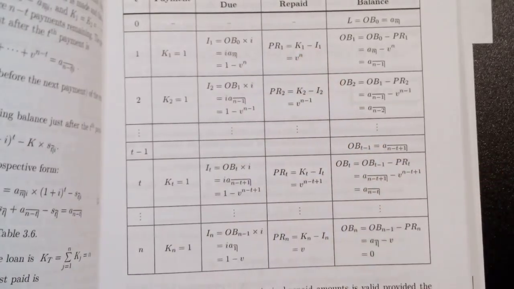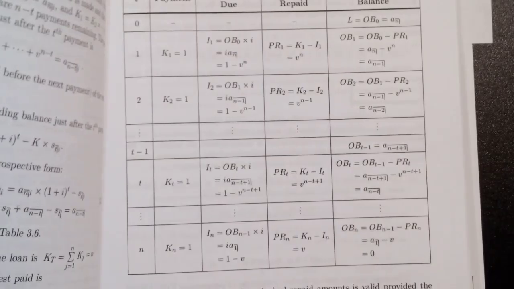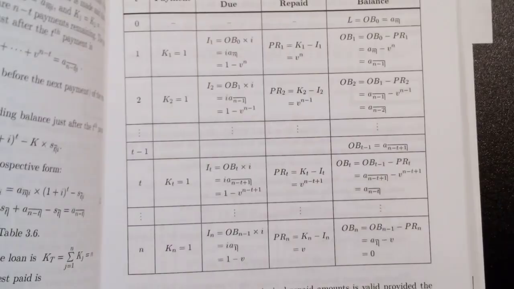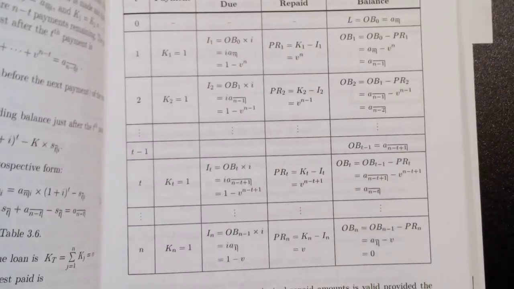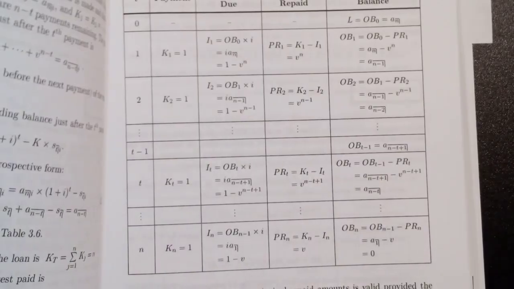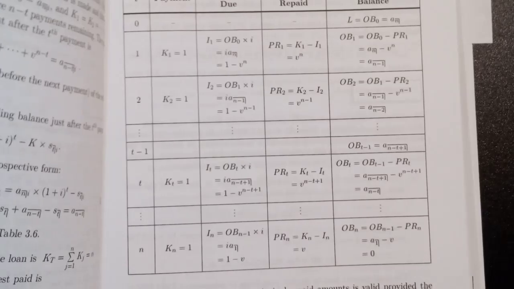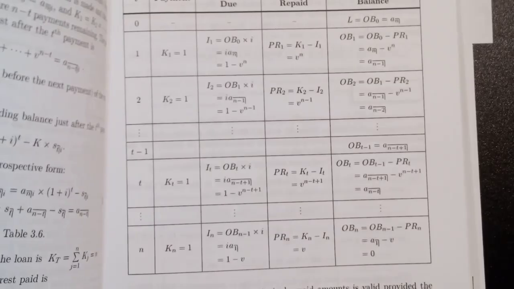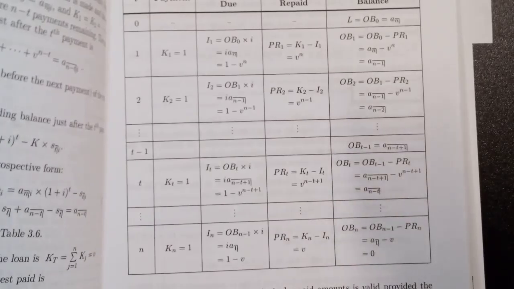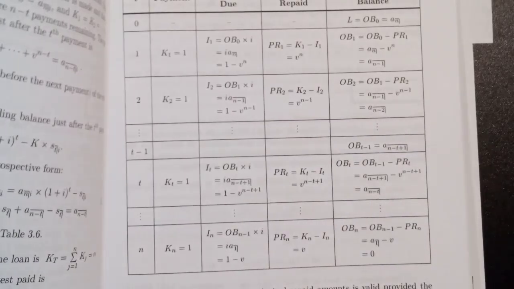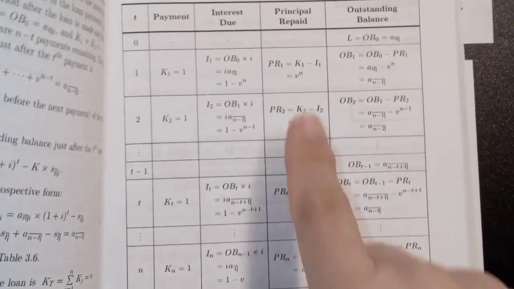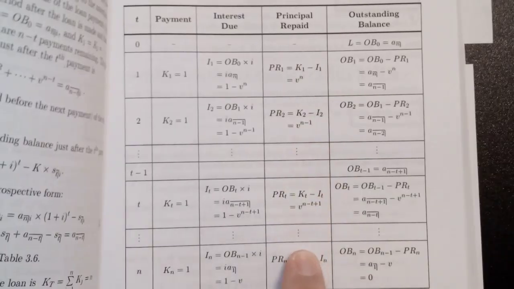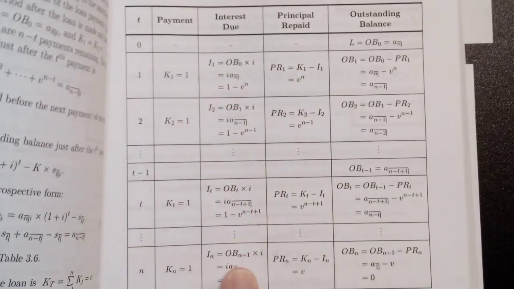The payment amount stays the same, but the fraction of the payment that goes towards interest gets smaller and the fraction that goes towards principal gets higher. So at the very beginning of my loan, I might only pay a couple of pennies towards principal, and most of my payment will go to interest. But as I continue making the payment, more and more of it goes to principal, less and less of it goes to interest.